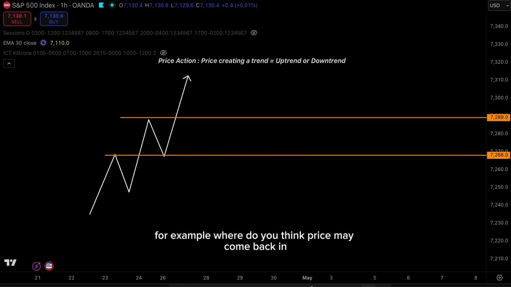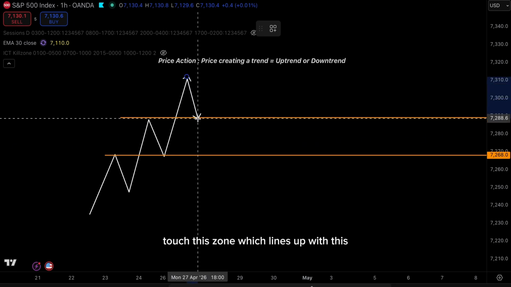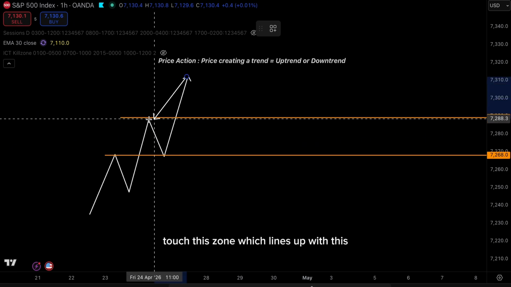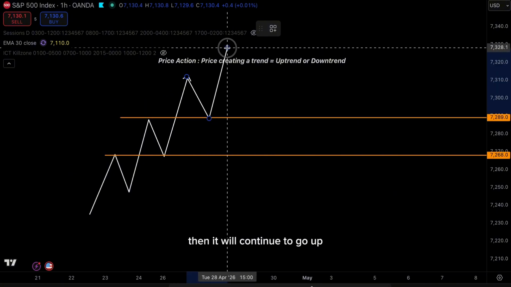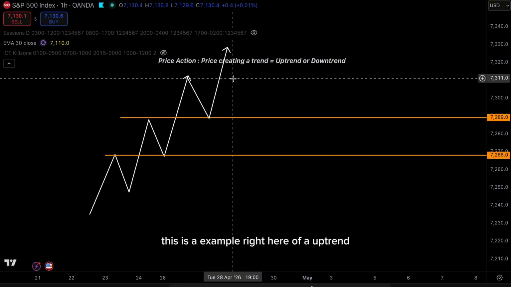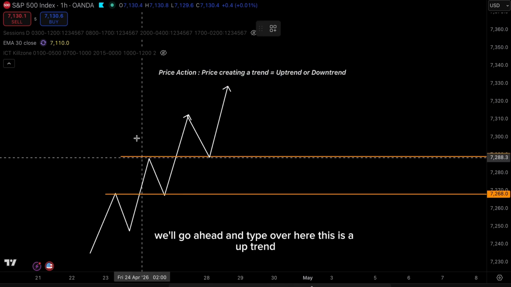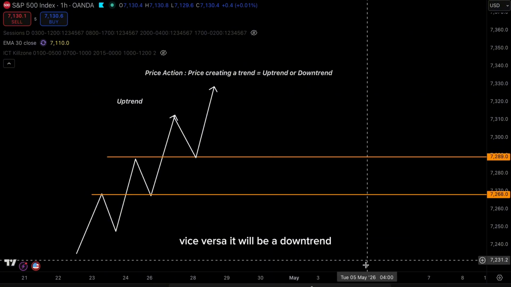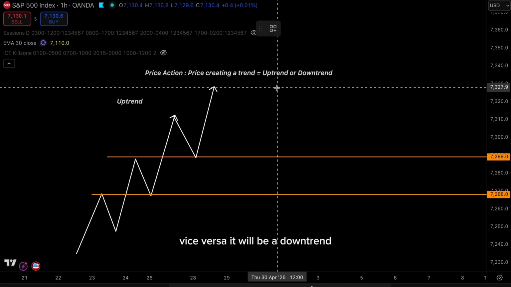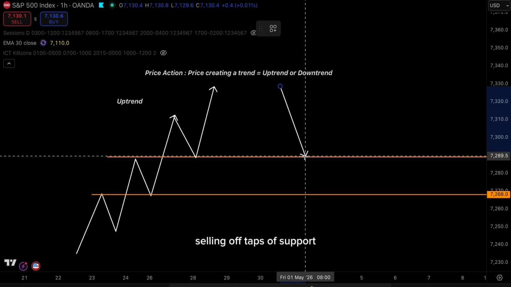For example, where do you think price may come back and touch? This zone, which lines up with what we call a swing high. And then it will continue to go up. This is an example right here of an uptrend. We'll go ahead and type over here. This is an uptrend.